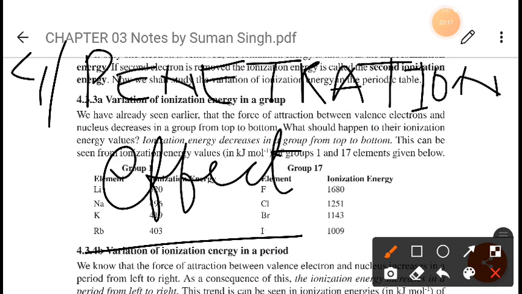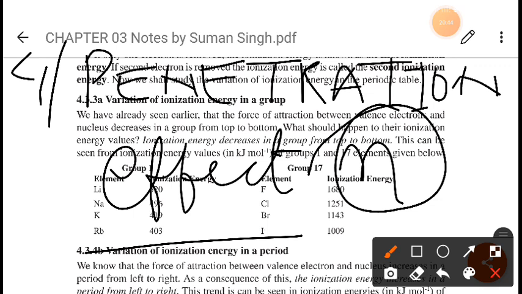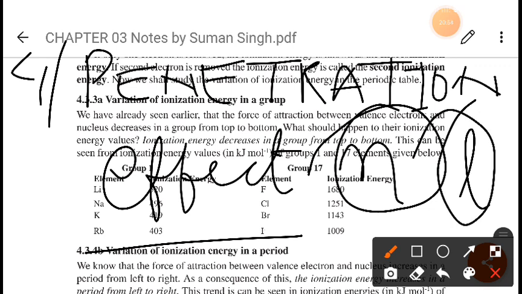For a given value of n, the principal quantum number, the probability of finding an electron near the nucleus decreases as the value of L increases, where L is the azimuthal quantum number. I hope you have learned this in atomic structure.